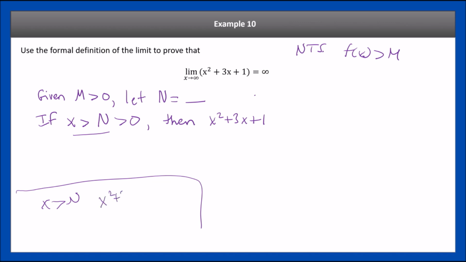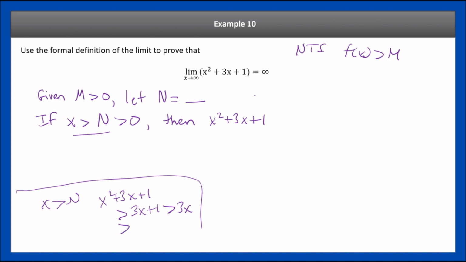If we have x squared plus 3x plus 1, well, we know that this is going to be greater than 3x plus 1, right? That makes sense because we're getting rid of the x squared portion, and that only serves to make the value bigger. But this is greater than 3x as well, because 3x plus 1 has to be bigger than 3x, assuming we're dealing with positive numbers here, which we are because x is greater than 0.